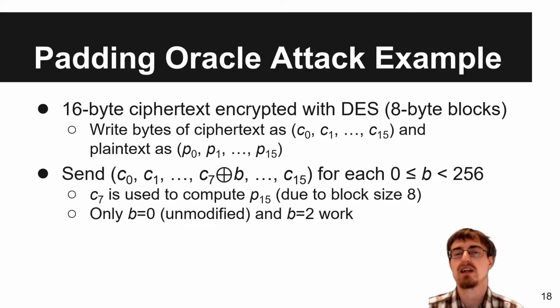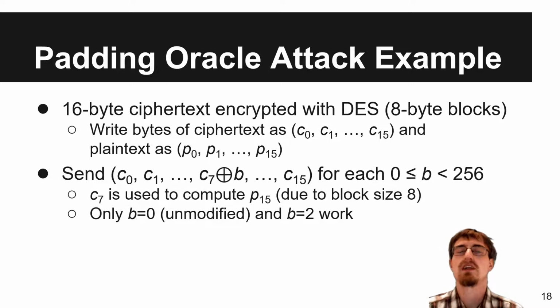We send the ciphertext, but on the 8th byte, that is byte number 7, we XOR it with the value B. And value B takes any value between 0 and 256. If we send this, we can figure out which of these values result in a correct padding.